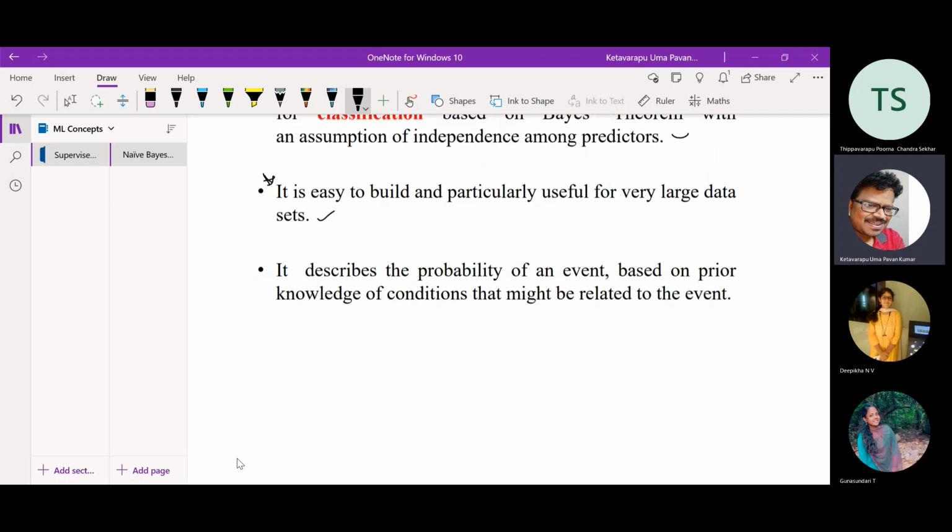Next thing is it describes the probability of an event. As I said, naive Bayes is based on the Bayes theorem, so we'll talk about that in a while, based on the prior knowledge of the conditions that may be related to the event.